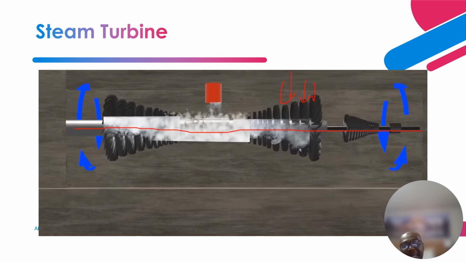The bigger blades are the low pressure section, and the smaller ones are the high pressure and intermediate pressure sections. The steam comes here, in the high pressure section, impinges upon the turbine blades, and it starts rotating. This shaft is coupled to the shaft of the generator, and it starts generating electricity.